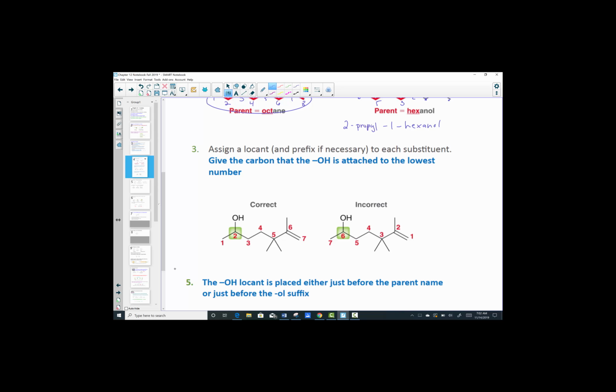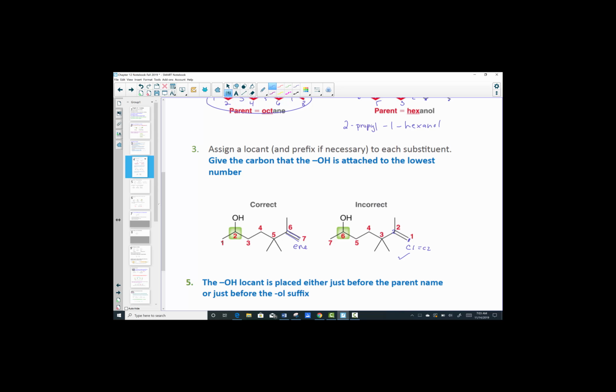So just as a reminder, here's an example where we have an ENE, a double bond, and I know in previous chapters that would have received priority and we would have started our numbering system as we're shown in this picture, with a double bond between carbon 1 and carbon 2. However, the hydroxyl group gets priority even over a double or a triple bond.